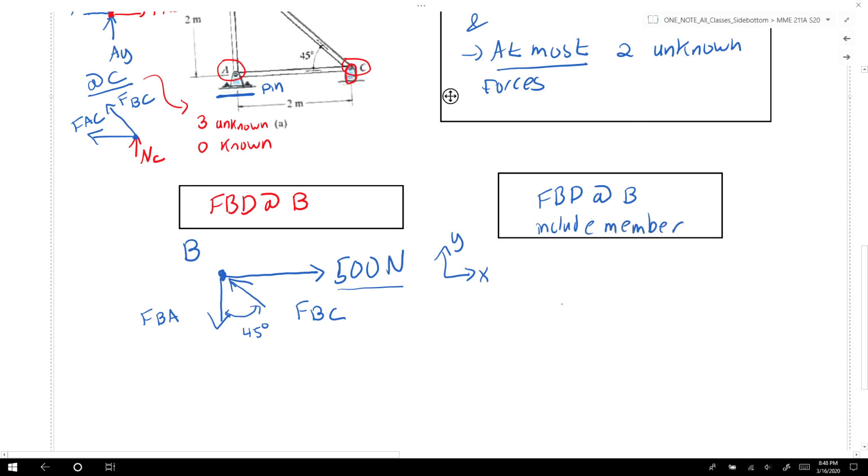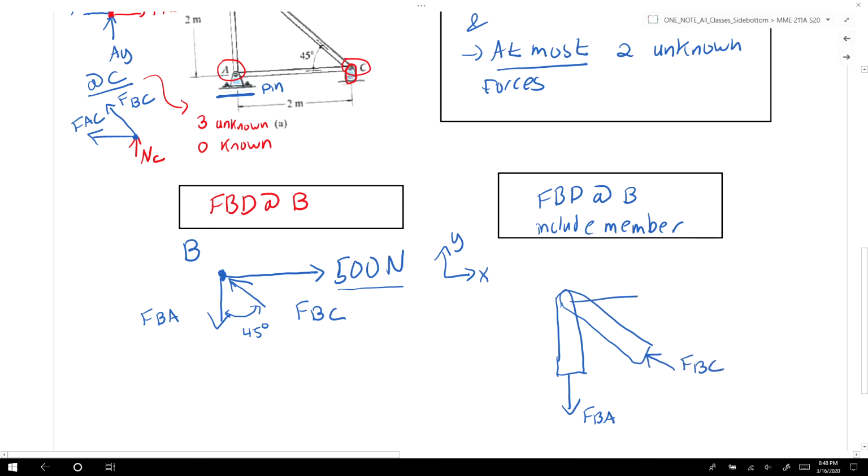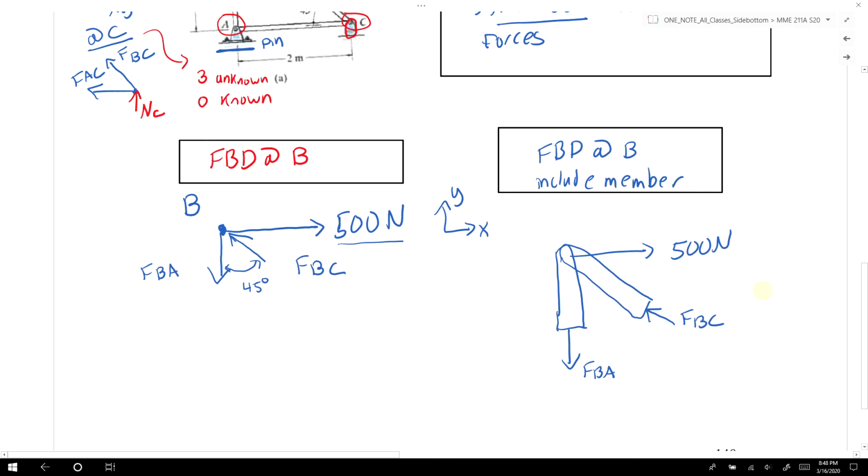So I'm going to draw our member BA and include the force FBA, and then I'm going to draw our member that goes along BC. I'll include our 500 Newton force, and we still have our 45-degree angle.